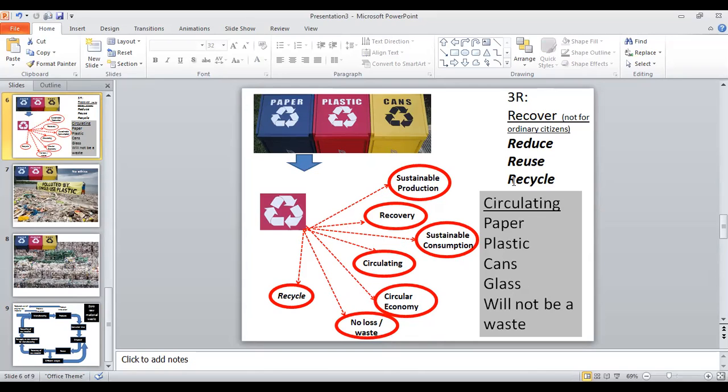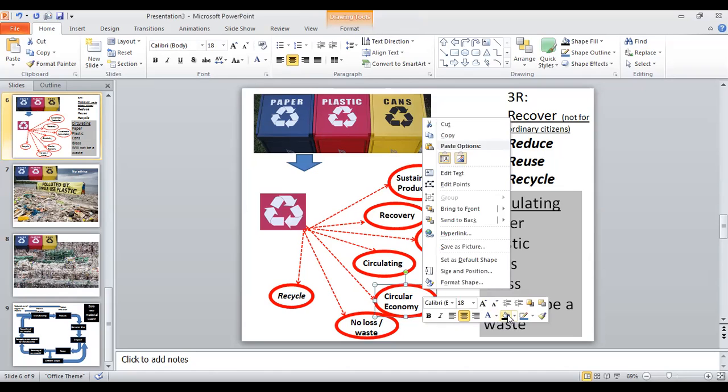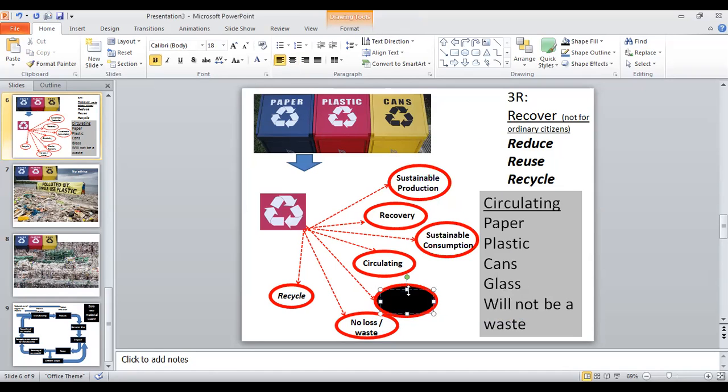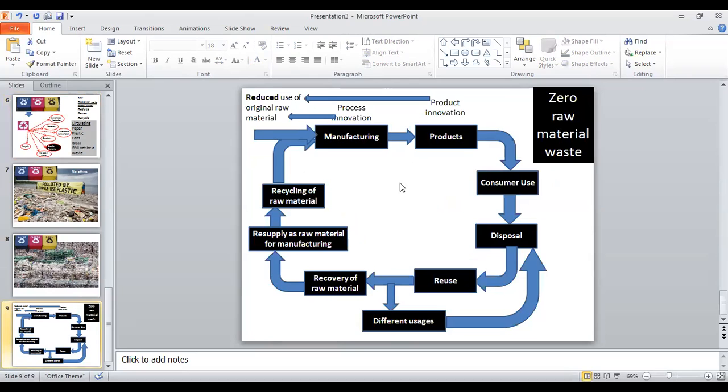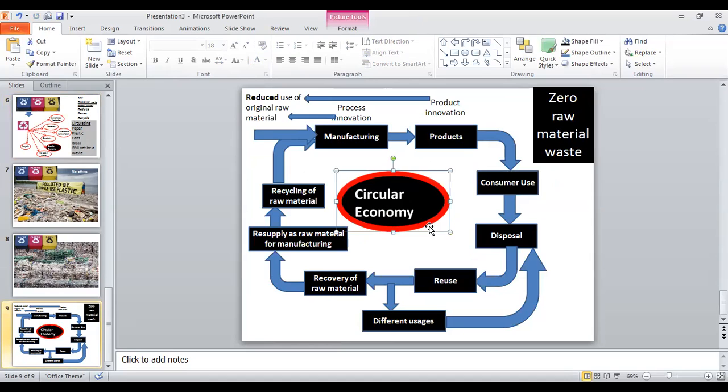So reduce, reuse, recycle, recover, all applies. So finally, we are on the circular economy.